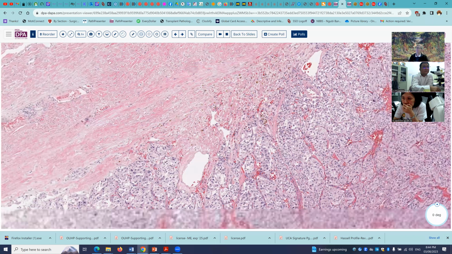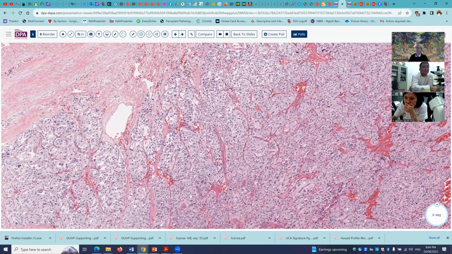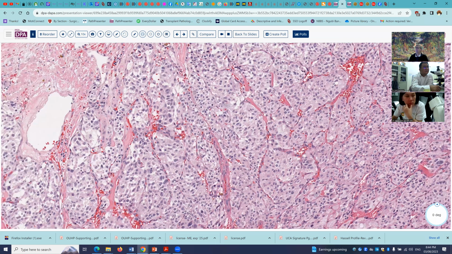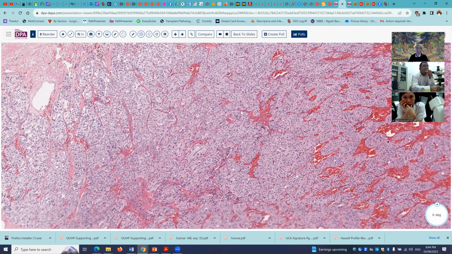But again, the typical morphology, very vascular network, rounded nests, and you may not always see the sustentacular cells very clearly. So if you don't see them in every cell nest, that's certainly understandable, because sometimes these paraganglial cells will predominate.